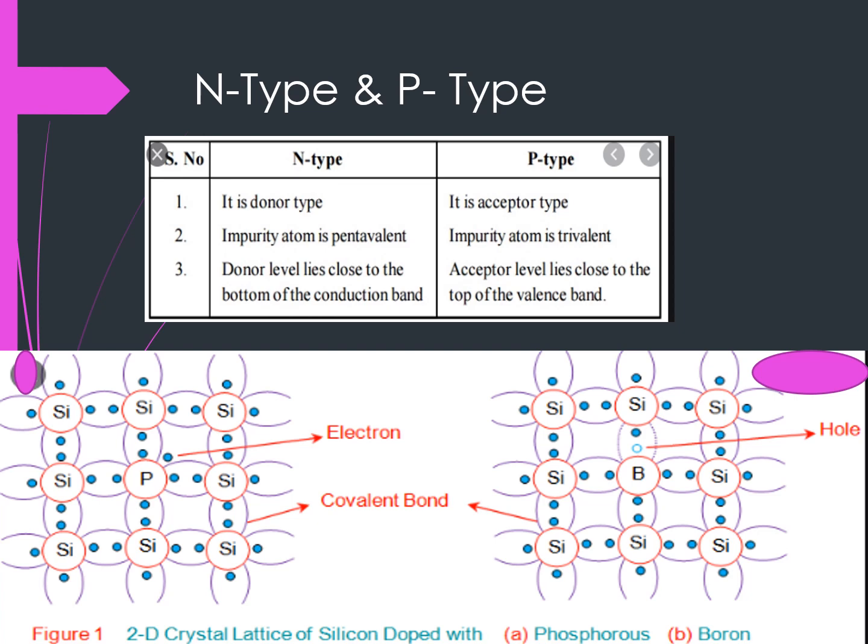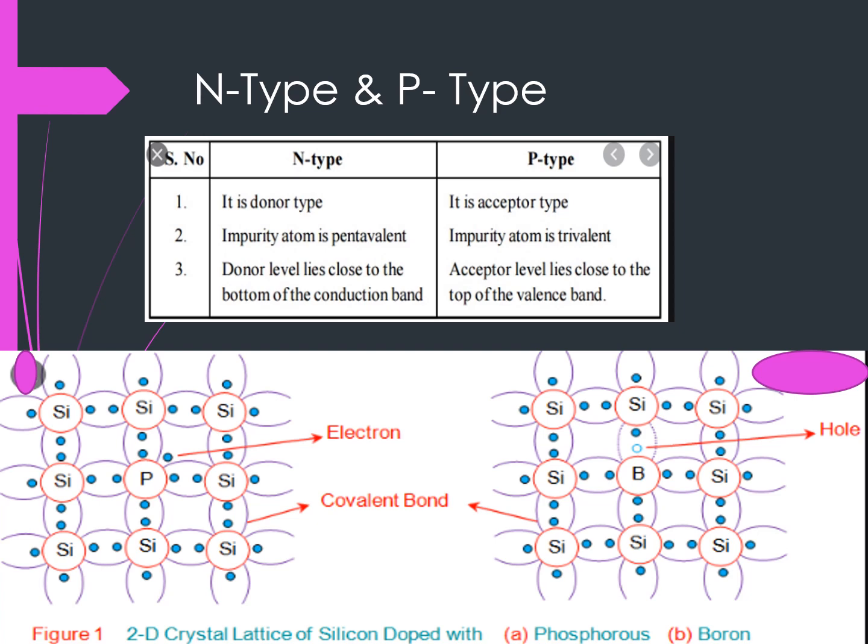Next, since this type of semiconductor has an excess of electrons over holes, its majority carriers will be electrons and the minority carriers will be holes. As you can see in this diagram, the phosphorus atom is taken here and the silicon atoms are around this phosphorus.